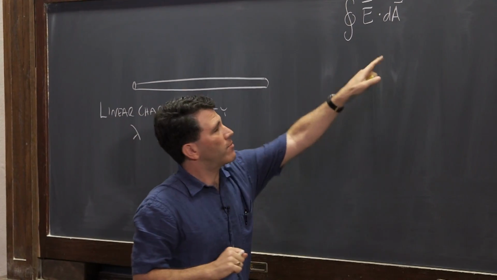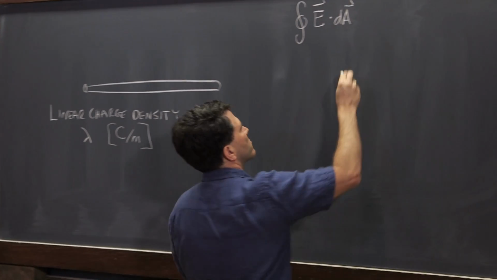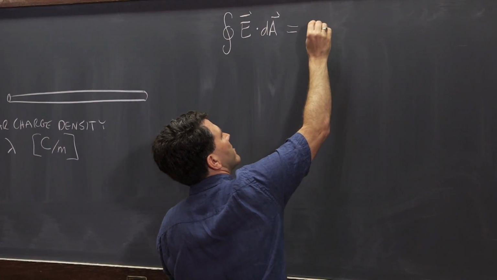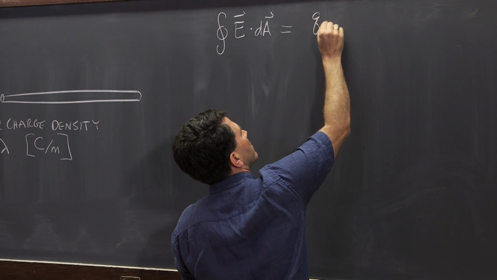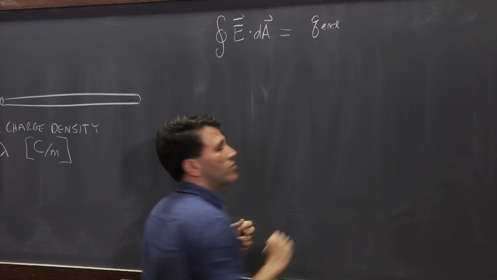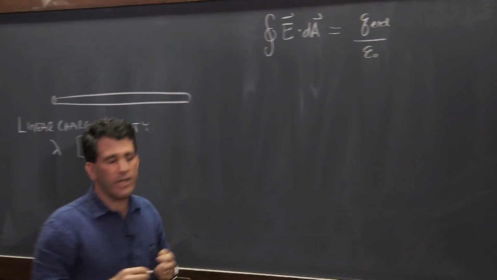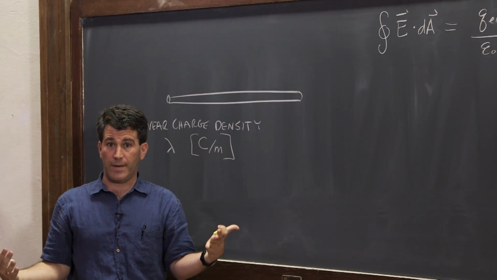And if I'm able to do this integral over the whole closed surface, Gauss's law says this ends up equaling the enclosed charge, and to get the units right in SI units, it's the enclosed charge divided by epsilon naught.